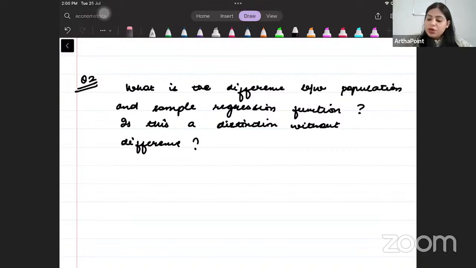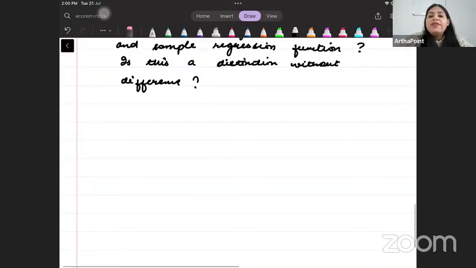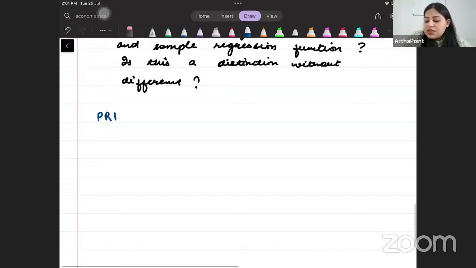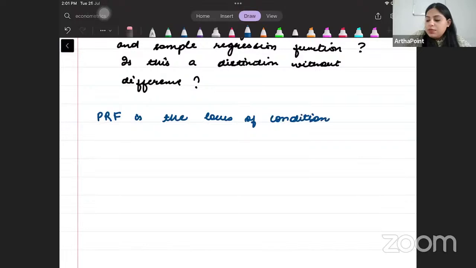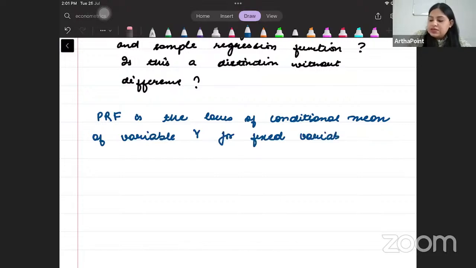So, beta, what we need to do is tell the difference between PRF and SRF, population regression function and sample regression function. Let us write this down: the population regression function is the locus of conditional mean of variable y for fixed variable x.